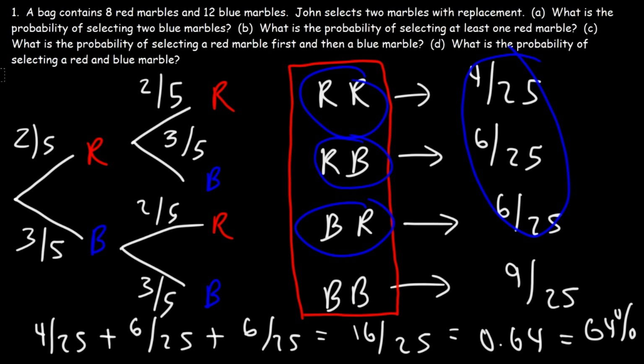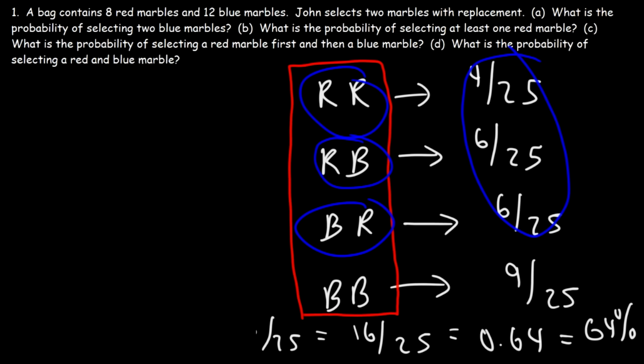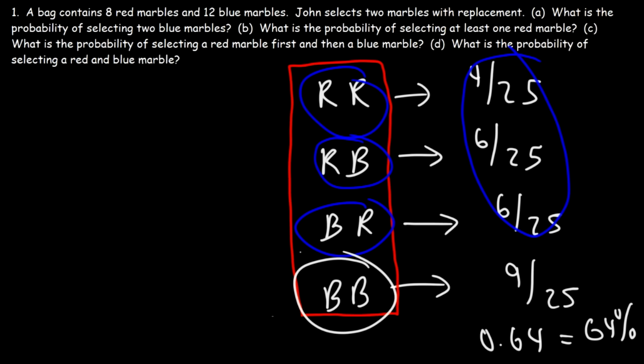Now, there's another way in which you can get the same answer. And it's important to understand that the probability of selecting at least 1 red marble is equal to the probability of not selecting 2 blue marbles. So understanding that, you can use this formula.